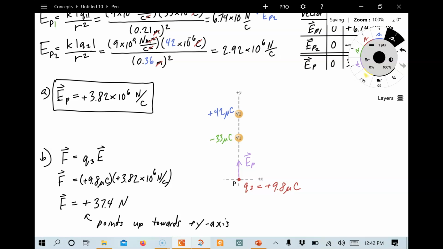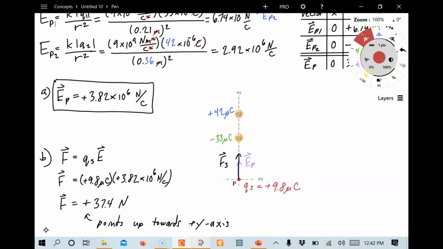And that makes sense because we know that if it's a positive charge placed at the electric field location, then the force is in the same direction as the electric field. And so that's the case here.